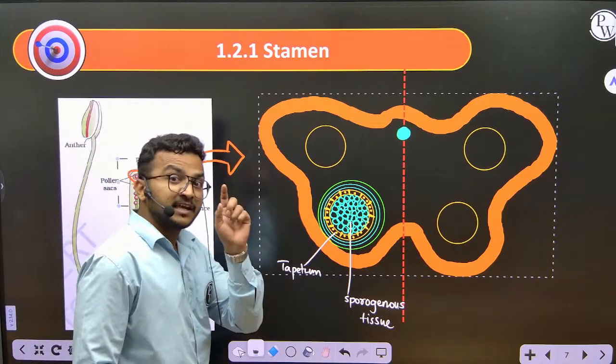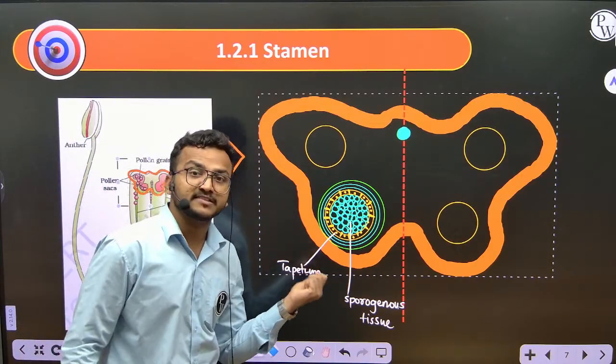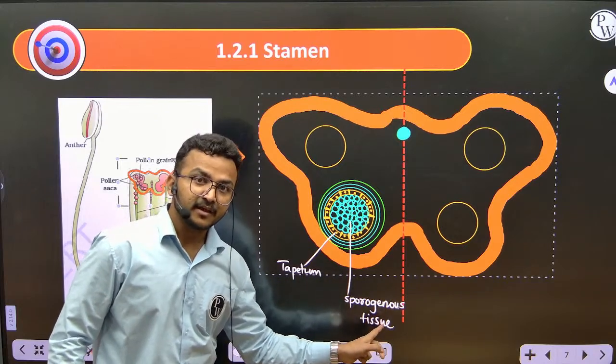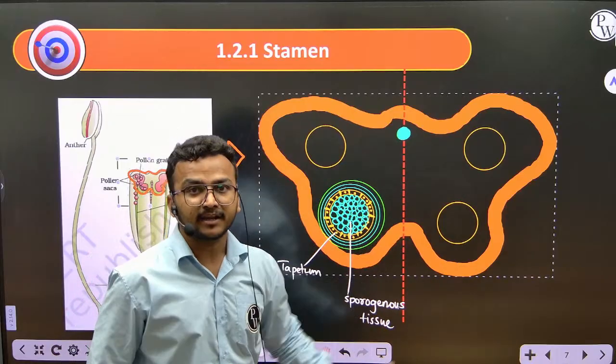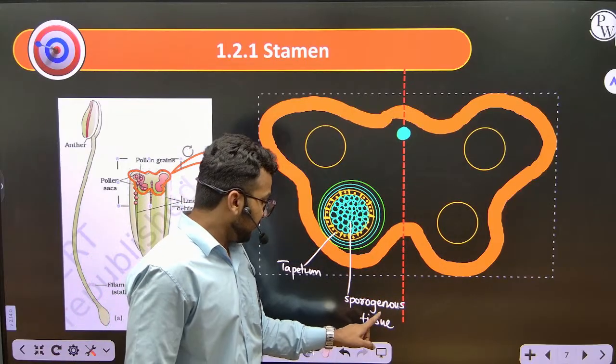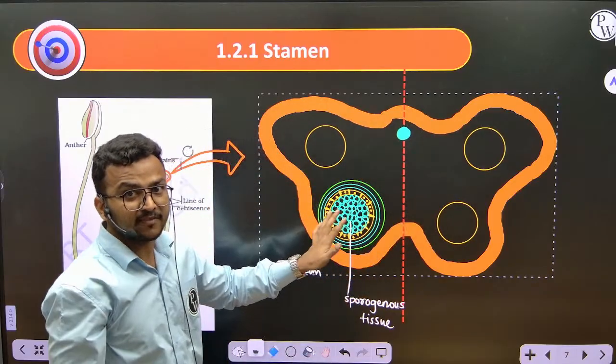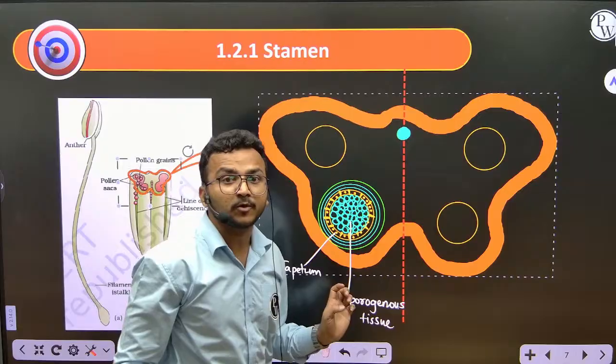The special thing about the tapetum cells is this: the sporogenous cells are going to form pollen grains. This TS of anther is a young anther now, so I am drawing sporogenous tissue.